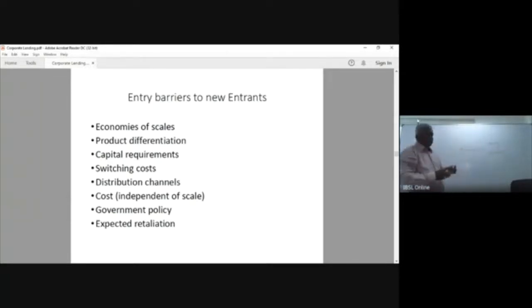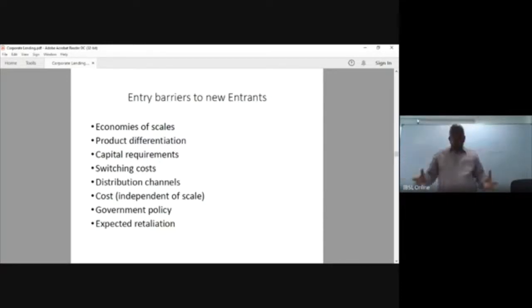Switching cost means that when you are changing from one product to another product, there may be certain costs you have to face. When you are switching, you have to pay some costs. That we call switching cost.